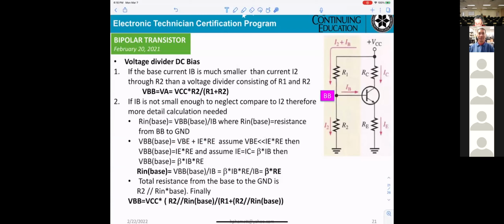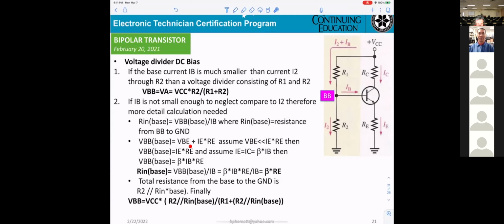So basically you have to calculate the voltage from VB to the ground. That means from here to the ground, you get two voltages. You get VBE right here, and also VE in here. You can divide it. You see that?